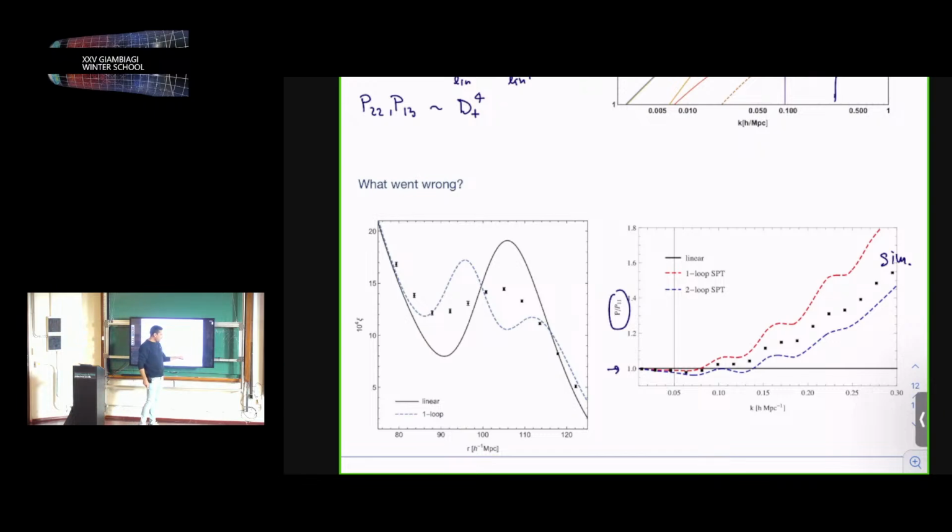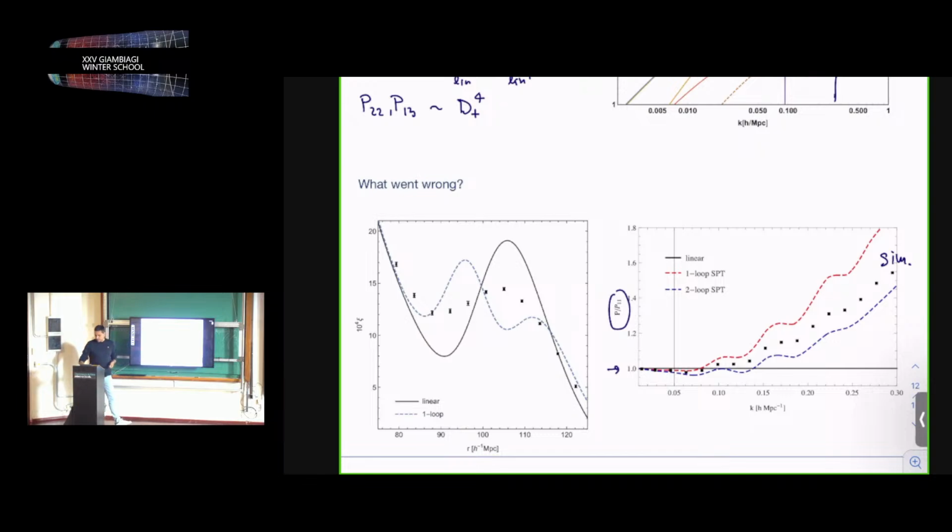When you go to high k, you're going to small scales, and things do not work, but also these formulas that we were using so far for the nonlinear matter power spectrum are completely wrong on very large scales. This is a 100 megaparsec scale. So they cannot properly describe the nonlinear BAO peak. So 2 days of lectures are wasted, and this is the answer. It looks very bad.